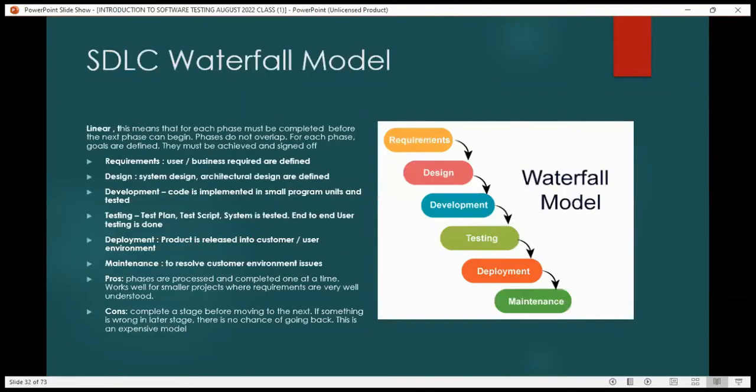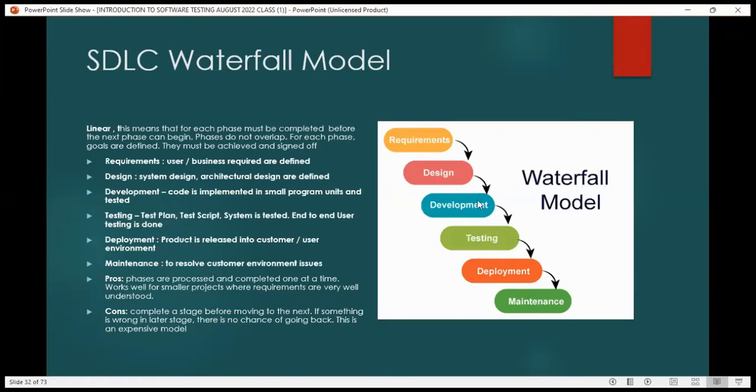If you look at the diagram, it exactly shows you that it is a waterfall. If you see the arrow, you know that it's coming down. That's like a waterfall. That's what the name is derived from, waterfall model. So in this model, we've got requirements. You have to finish the requirements before you send it. After you finish the requirement, the business analyst gets the requirement, they send it to the solution architect, they design, they send it. After the designer finishes their own phase, they will give it to the development team.